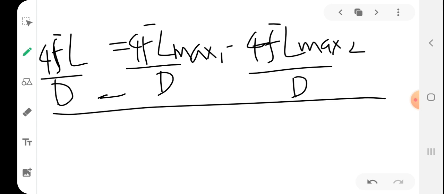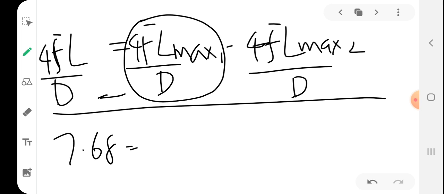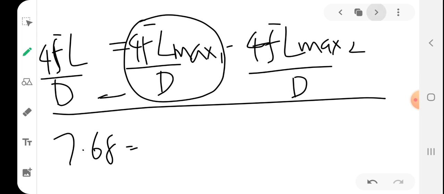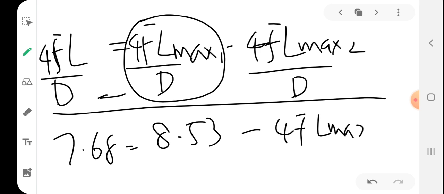So this is an equation. So 4f bar L by d you already got as 7.68, and 4f bar Lmax 1 by d is 8.53, minus this value you don't know. This value, 4f bar Lmax 2 by d, can be found out from this equation.